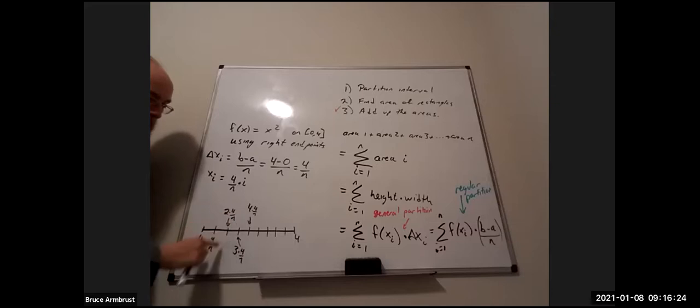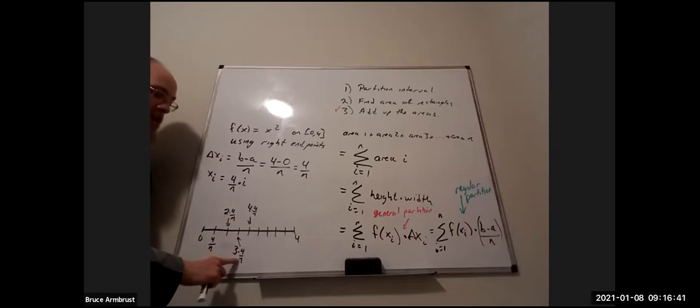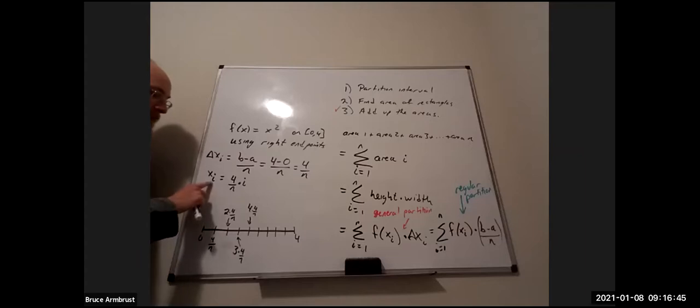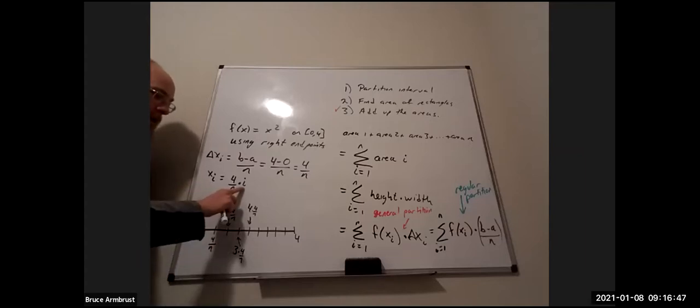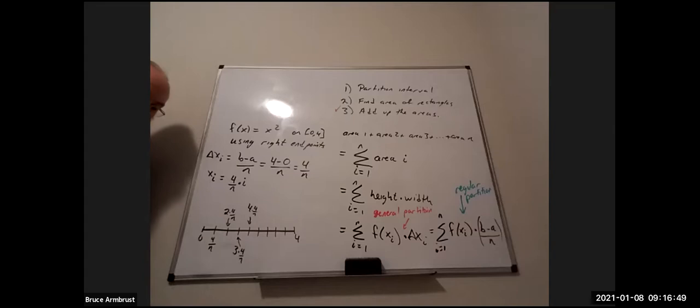Remember, each time here, this 4 over n is being multiplied by a number. And that number is the interval that we're in. 1 times 4 over n is the right side of the first interval. 2 times 4 over n is the right side of the second interval. This is the right side of the third interval. This is the right side of the fourth interval. So for the right side of the ith interval, multiply by i.